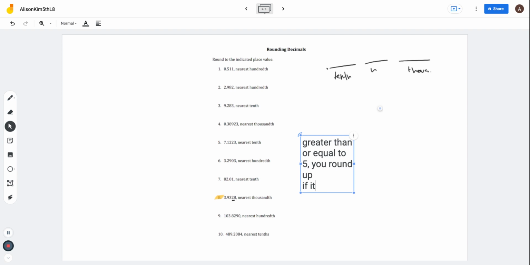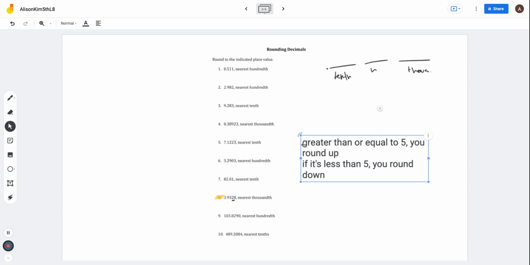If it's less than 5, you round down, or it stays the same. For this worksheet, you need to pay attention to the visual on top and the rounding rules.